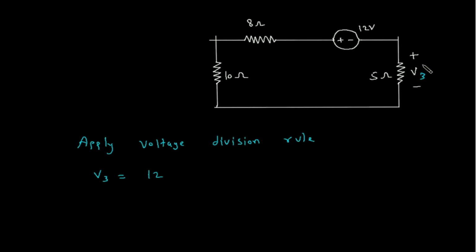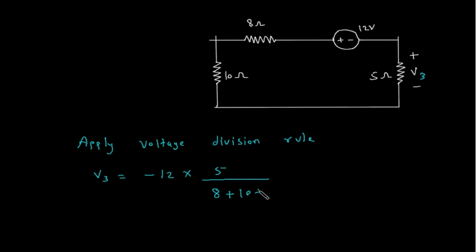Now we can see that the polarities are opposite. So this will be minus 12 into this resistance, which is 5 ohm, by total resistance, which is 8 plus 10 plus 5.